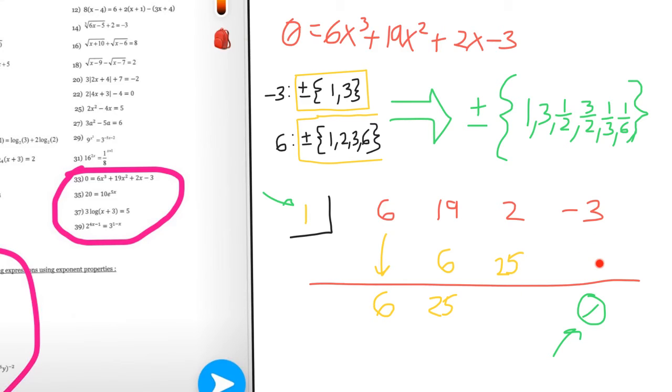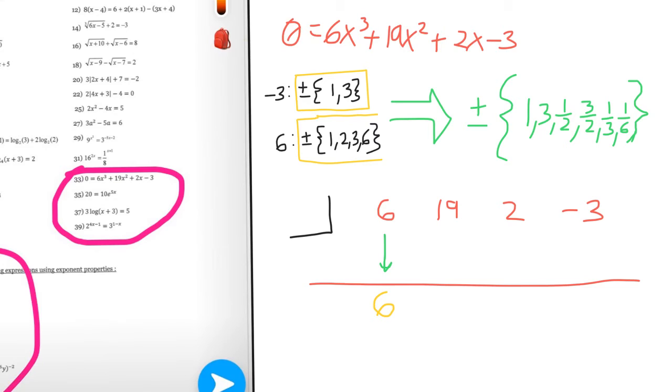Now, once we find a number over here that gives us a 0 over here, then we know that that is one of the rational roots. That's the philosophy we're operating on. So I'm actually just going to leave the 6 down there, because 6 is always going to be there anyway. And in fact, I'm going to leave the arrow too.